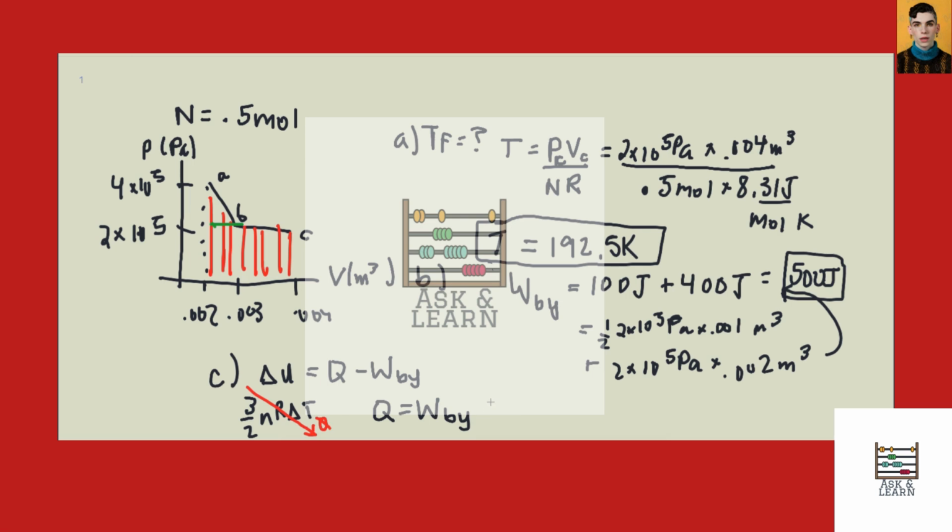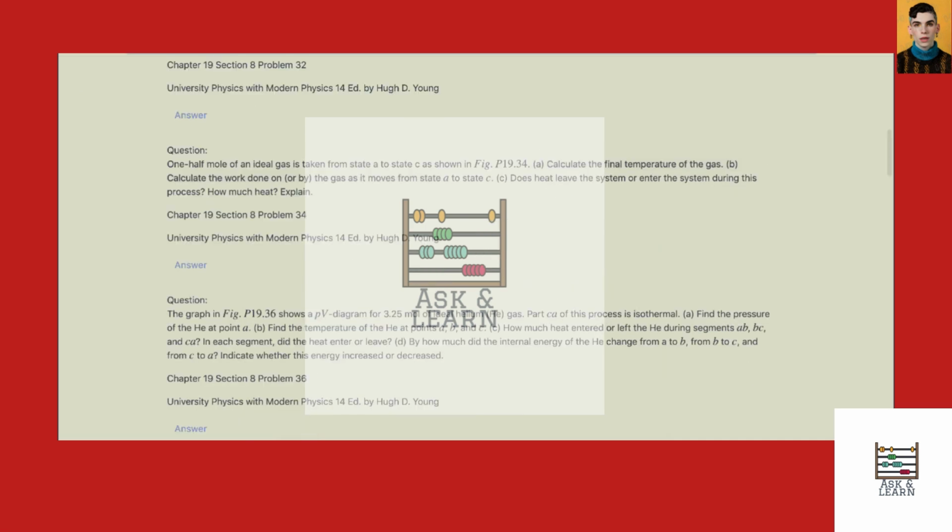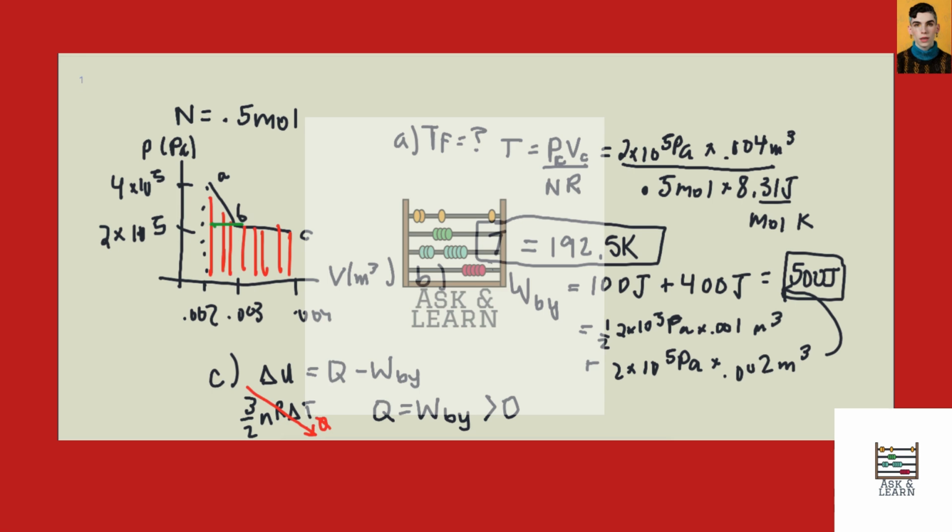And so heat had to flow into the system. And precisely 500 joules had to flow into the system. So I'll just write it explicitly, and then I'll write like into the system. All right, there we go.